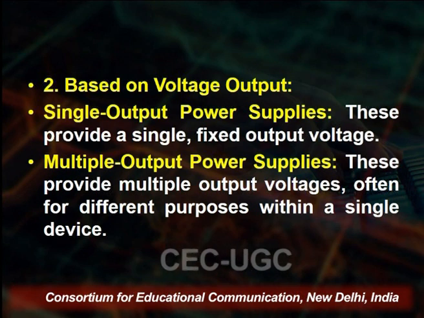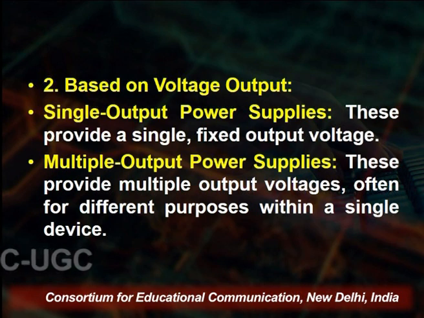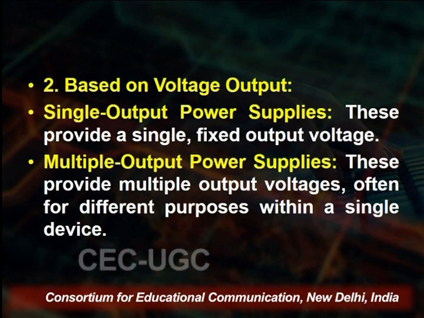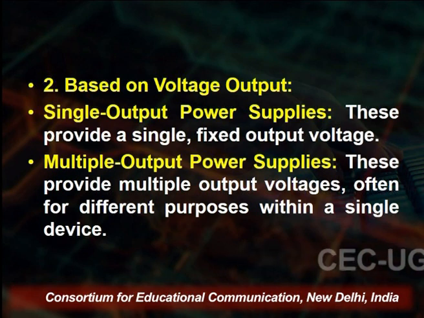So on the basis of the design, we classify the power supply into two ways: linear power supply and switching power supplies. On the basis of the voltage output, how do we classify the power supply? Again we have various types. One is the single output power supply and the second is the multiple output power supply. As the name suggests, this is based on voltage output. Single output power supplies provide a single fixed output voltage.